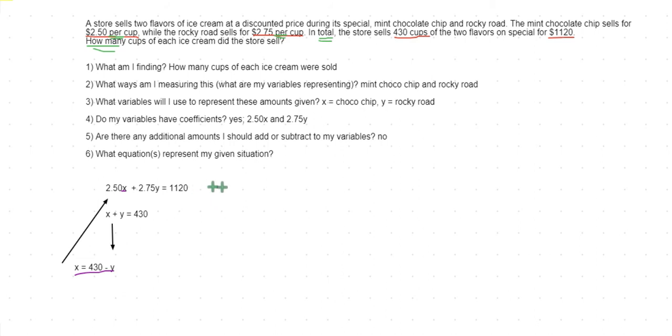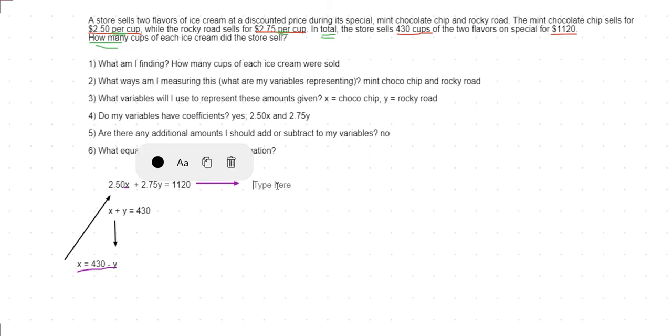So let's go ahead and solve. The 2.50 stays the same. I'm going to go ahead and color code this part right here in purple, just so we know this is where I'm plugging something in. Because that was what I just got, right? The 430 minus y.